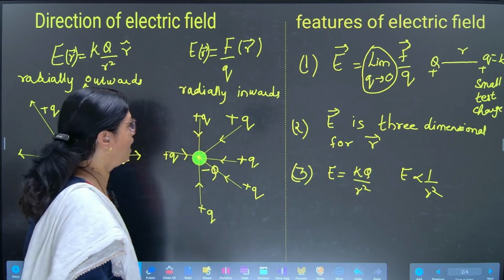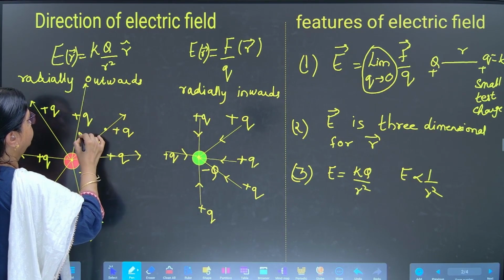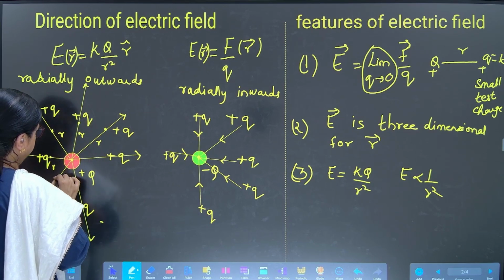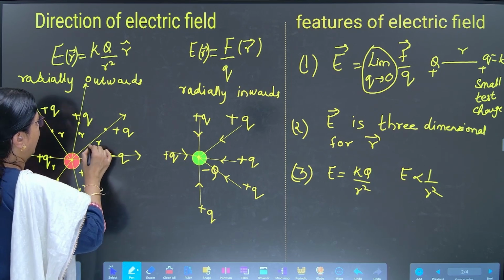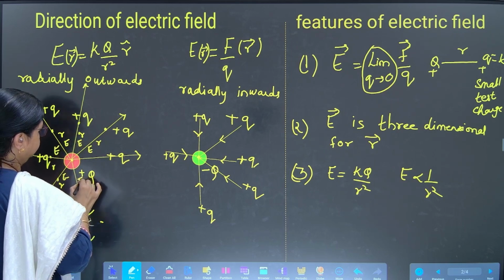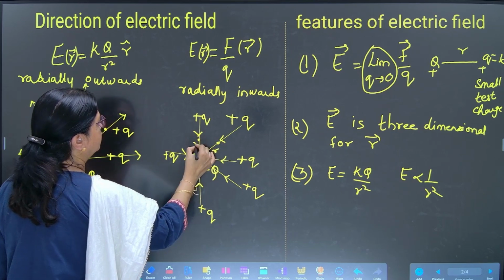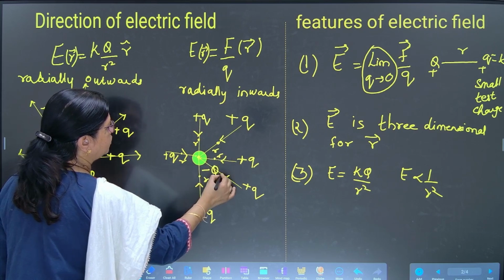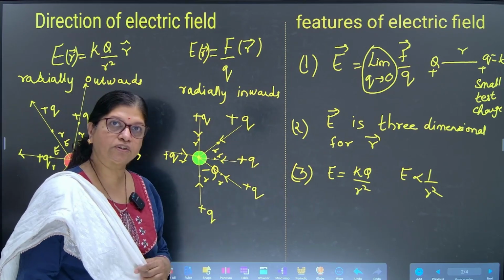That around the same R, or for the same R around the source charge, the value of E is the same. Similarly, here also if I consider this as R, this as R, this as R, this as R, the magnitude of electric field will remain the same because E is inversely proportional to R square.